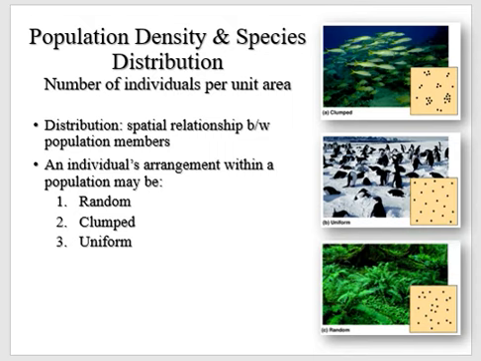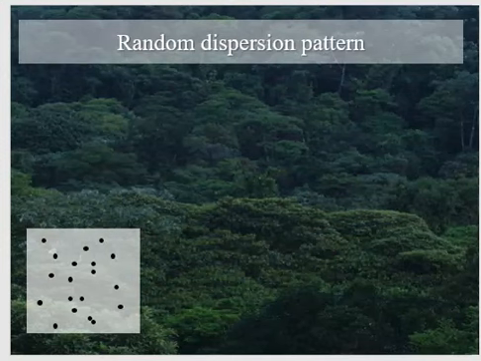Individuals could be clumped, which is when you have groupings of individuals here and there around the habitat, or you can have uniform patterns, which is where the individuals in a population are more or less equally spaced apart from one another. So we're going to take a peek at each one more in depth.